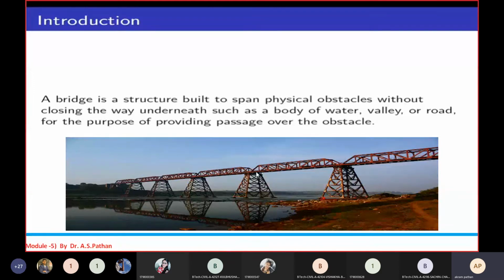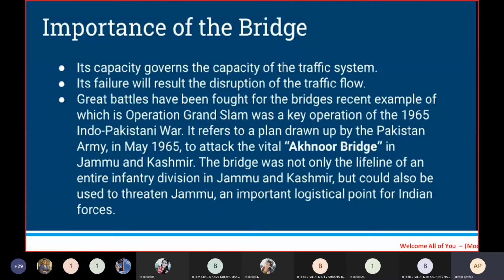Then we have the bridge bearing, and the deck slab for transportation purposes, which we call the superstructure. So a bridge itself is divided into two structures, substructure and superstructure. Now this is a general definition regarding the bridge.